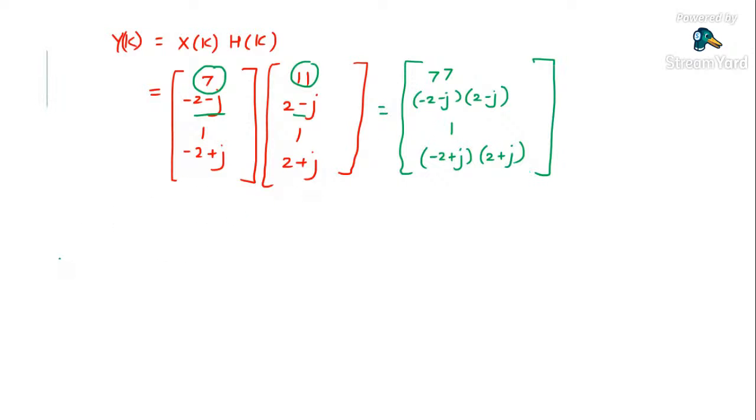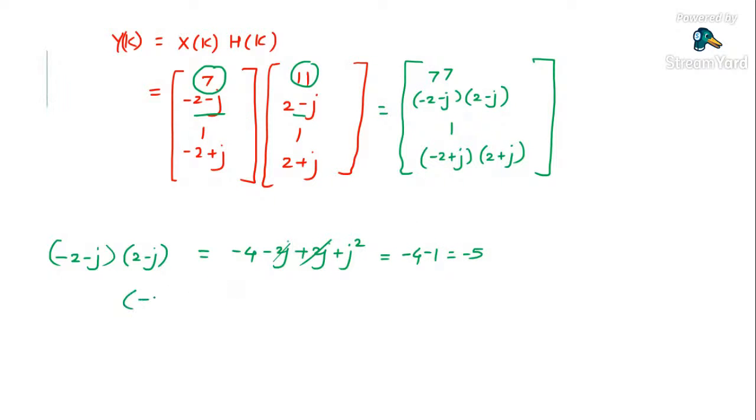Now calculate the multiplication. (-2-j) multiplied by (2-j) is -4+2j-2j+j squared. The 2j and -2j cancel, leaving -4, and j squared is -1, so it is -5.